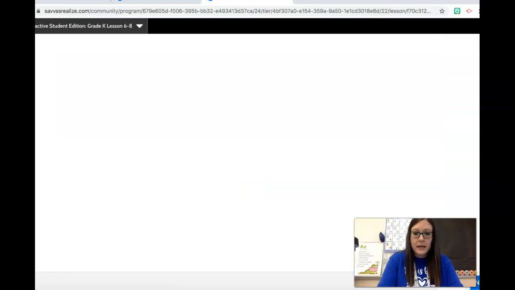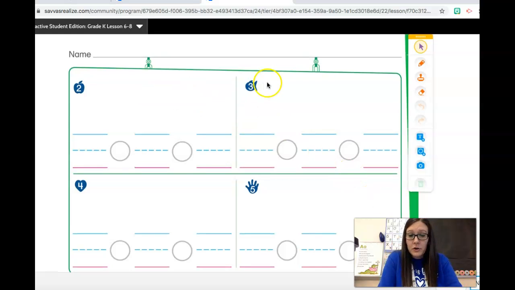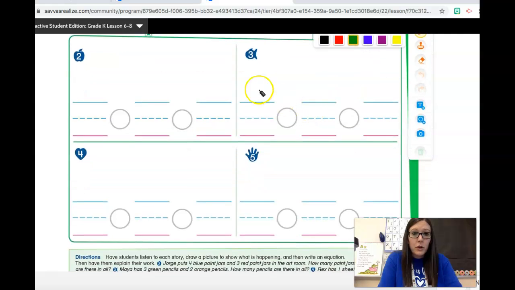Go ahead and turn your page to this one. Now we don't have anything to trace, so we're really going to have to listen, and we're going to draw our own pictures that match these math stories that I will tell you. So listen first. We're going to work in this space right here where it says number 2 apple.